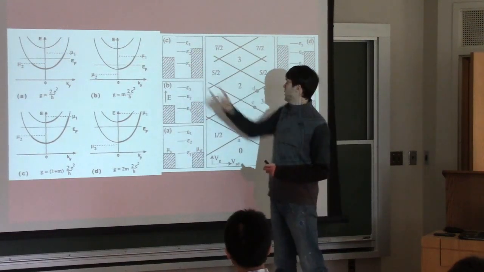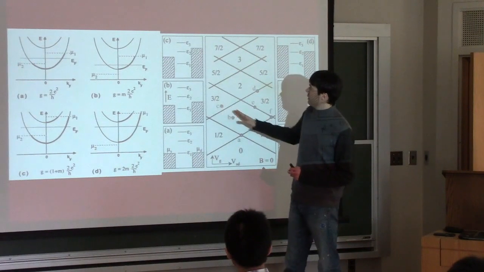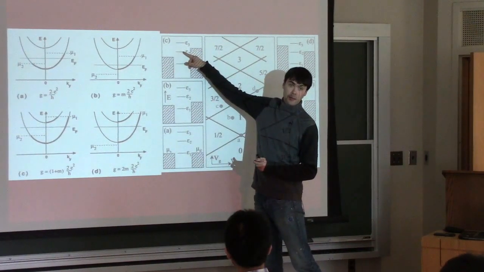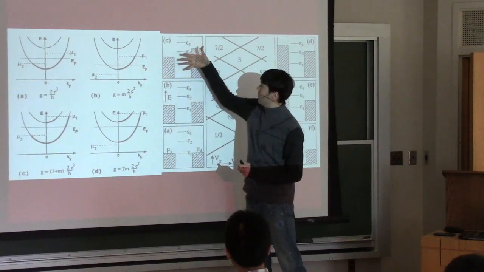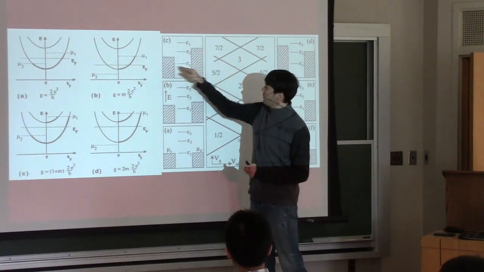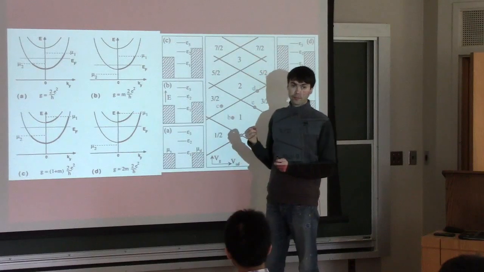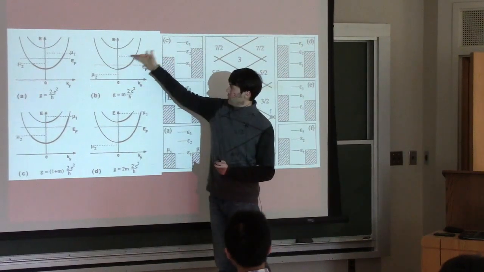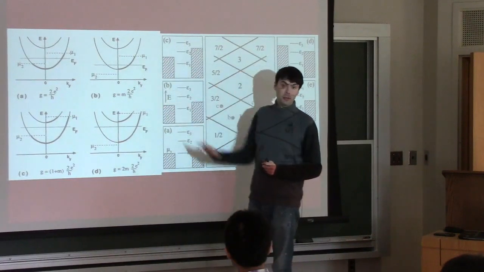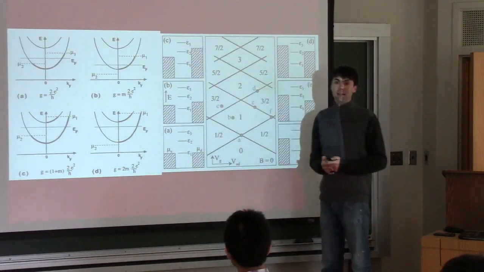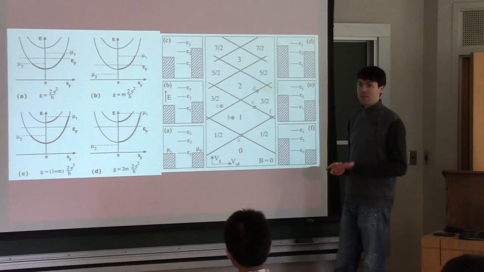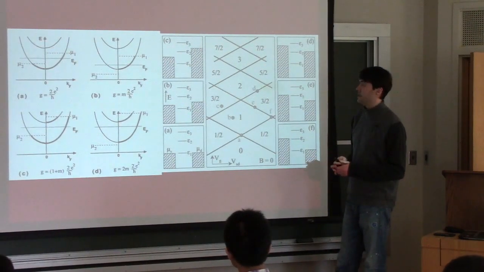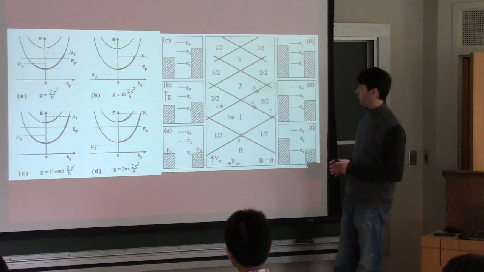But then C is when we are further this way, higher bias, and we've included another subband. And so now two subbands are moving forward and one subband is moving backwards. And so in this situation, we have to use this kind of reasoning to calculate the total conductance. And it can be quantized, but not in the units of 2e²/h.